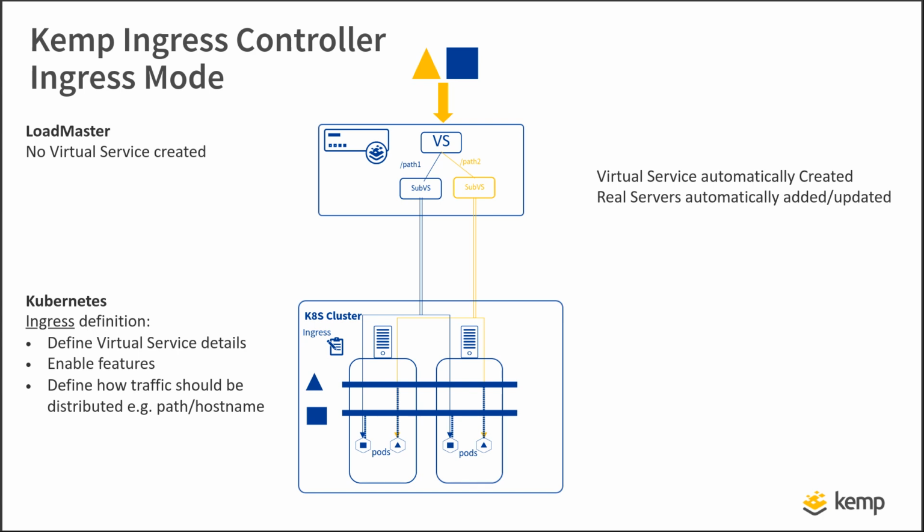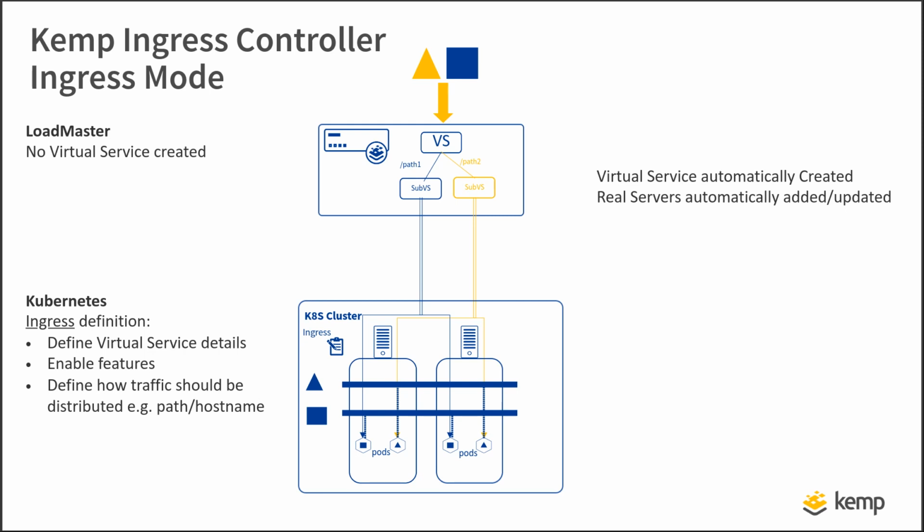The definition on Kubernetes is pretty similar to any ingress, and we'll see it in a second. Your Kubernetes is just defining some ingress rules: send this type of traffic to this app. But what you're doing is instructing the LoadMaster to execute it. Ingress on its own is actually just a file. It doesn't do anything. It's the ingress controller that implements it.